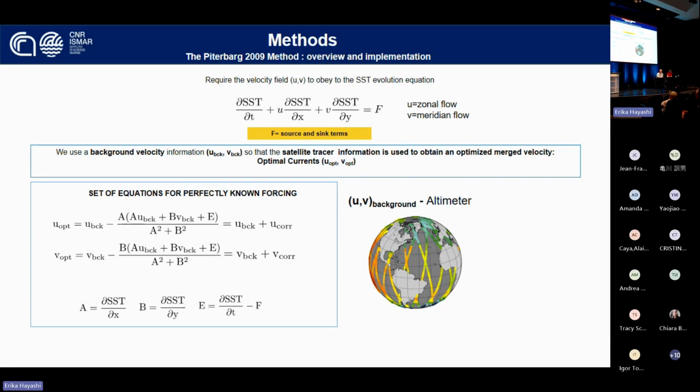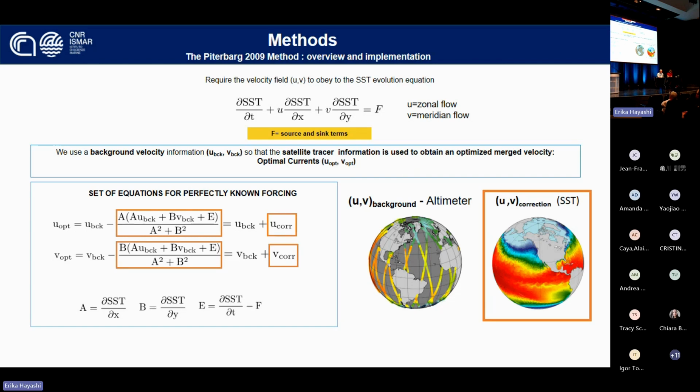Very briefly, the framework is dynamical, so we account for the SST evolution equation in order to get information on the surface currents. So starting from here, we wish to obtain a set of equations that, starting from the altimeter-derived surface currents as a background, so as a first guess of the surface circulation, we then compute some correction terms that are applied to the background field in order to get an optimized estimate of the surface circulation.